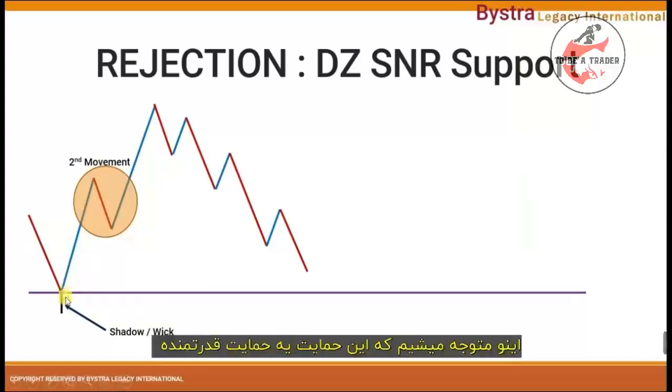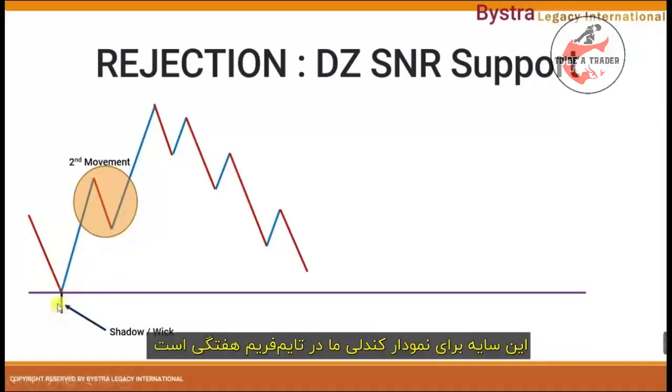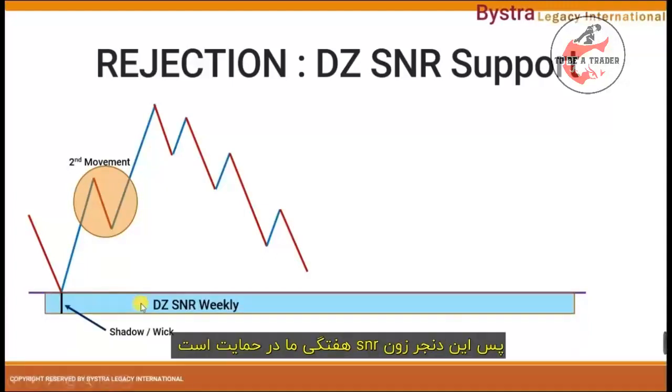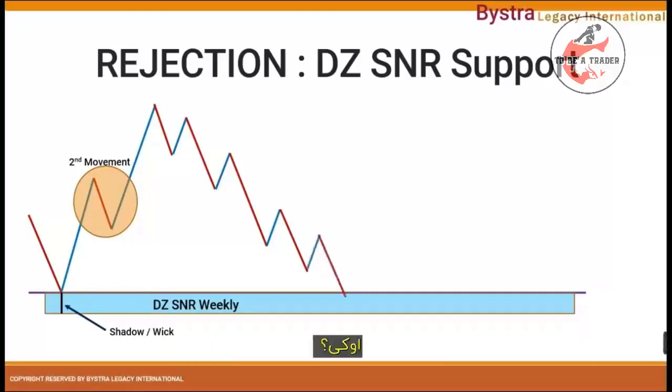When we mark the second movement, we will know that this is a strong support. This is the shadow or the wick of the candlestick. So we mark the whole zone from the edge of the support all the way to the wick or shadow of the candlestick. This is our danger zone SNR weekly at the support.